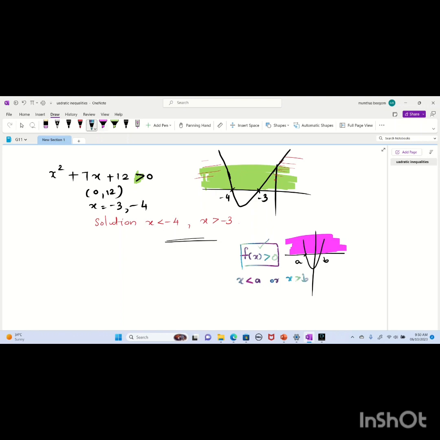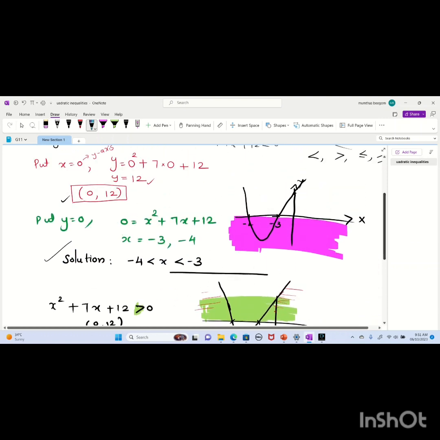But for the same U shape, if it is less than 0, this part, that is, the question is f(x) less than 0, then we will say A less than or equal to x less than or equal to B. That means same like the last question.